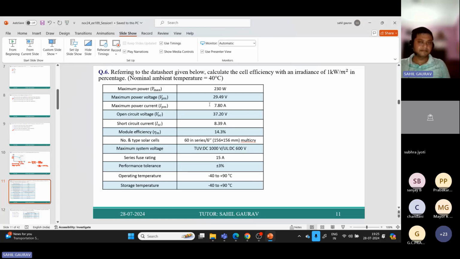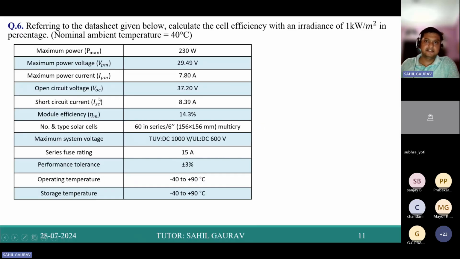So we need to calculate the efficiency of this PV based on the data sheet given. Again, this is a numerical type question.